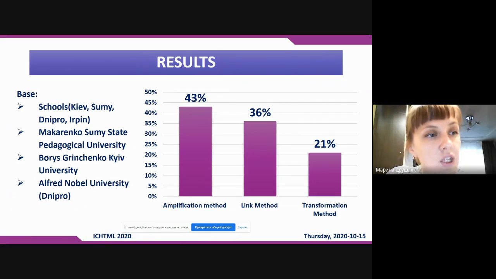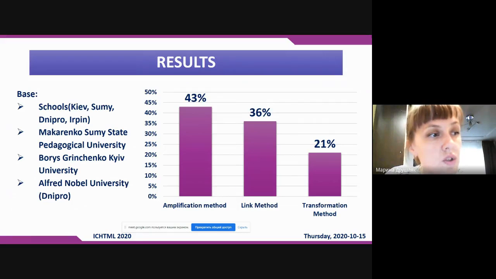During March-May 2019, we conducted a survey of 32 mathematics teachers in Kyiv, Sumy, Dnipro, and Irpin, and 52 students of the specialties mathematics and secondary education mathematics of Makarenko Sumy State Pedagogical University, Boris Grinchenko Kyiv University, and some students of Alfred Nobel University, Dnipro. The students were involved in the experiment.